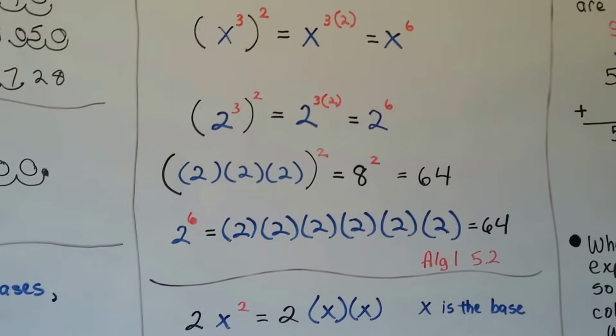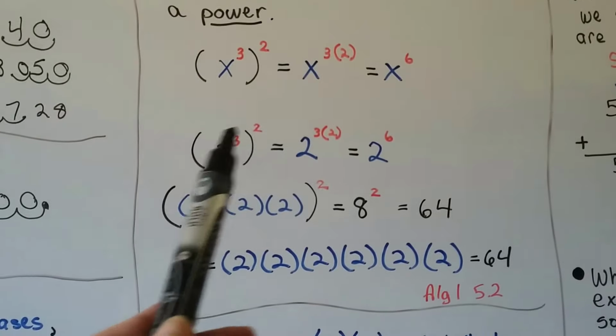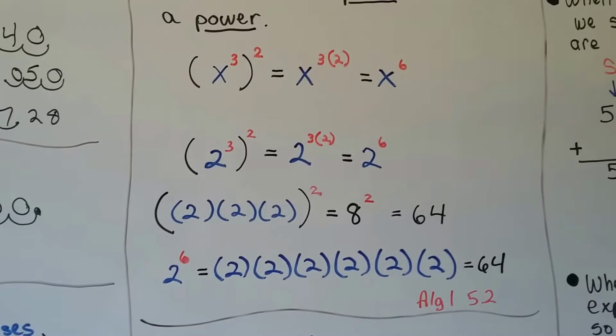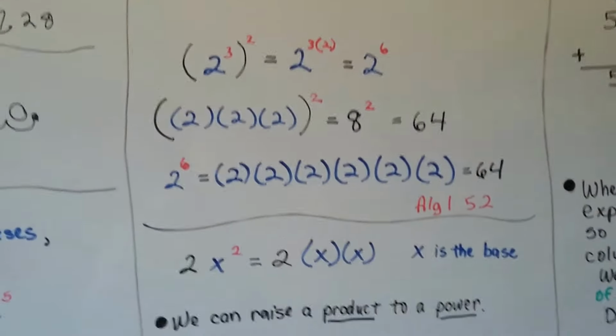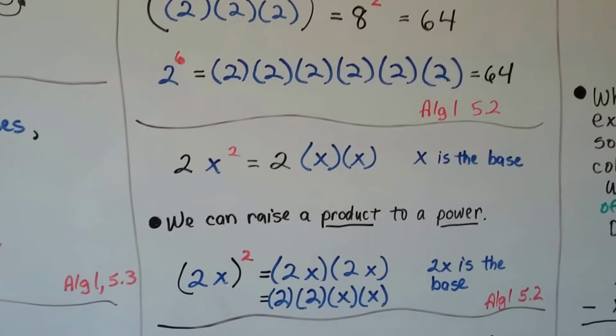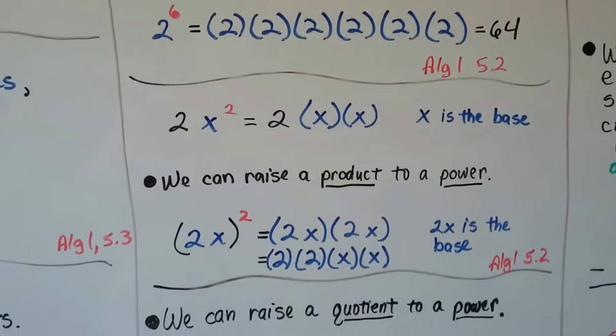Look, see? So either way, it worked. So that's why when we're raising a power to a power, we can just multiply those exponents together. We talked about that in the Algebra I video 5.2. So if that confuses you, you need to watch the Algebra I Chapter 5 videos, all right?